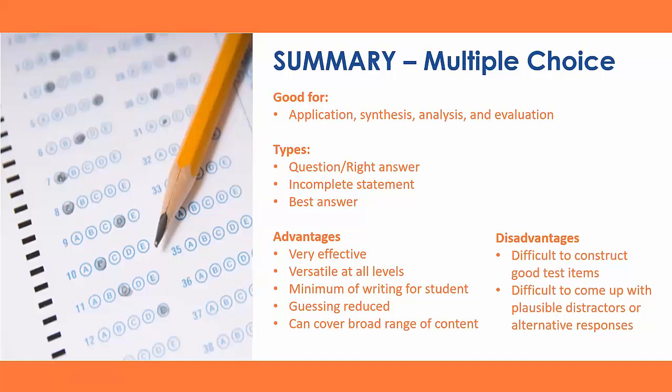Usually your students are asked to select one of the alternatives or more than one of the alternatives that best completes a statement or answers a question. They are considered to be the most versatile of all types of test items, and you can vary along Bloom's taxonomy to test levels of understanding and knowledge, and also application.